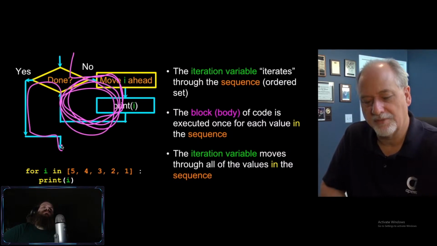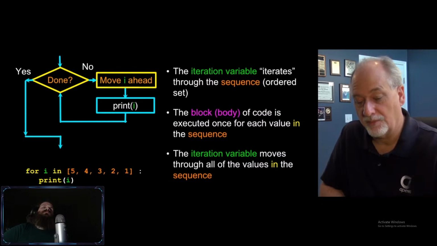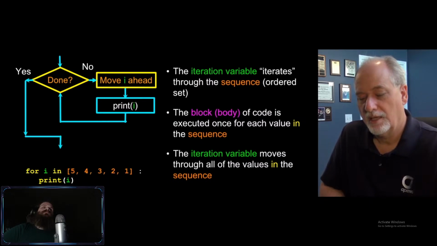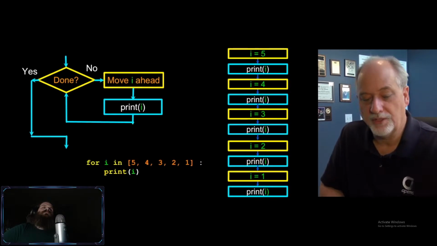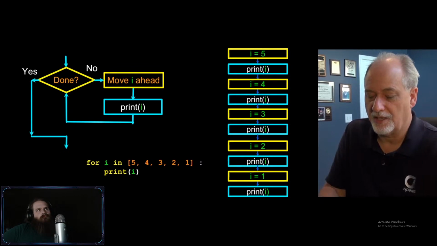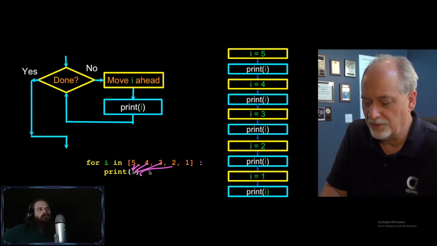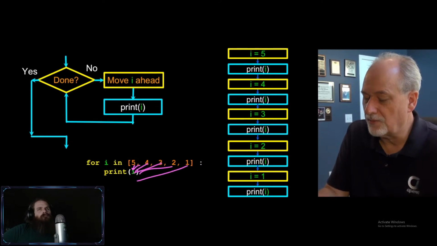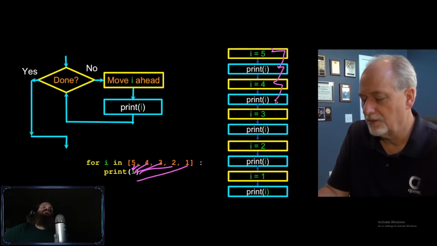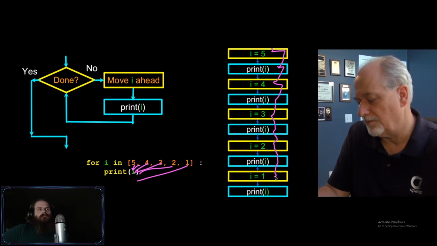But you could also think about it in a somewhat more abstract way, as a contract with Python that says we're supposed to run this code 5 times, and I is supposed to be 5, 4, 3, 2, and 1. So you could imagine this might be what's going on. The for loop sets I to 5, runs our code. The for loop sets I to 4, runs our code. The for loop sets I to 3, runs our code. The for loop sets I to 2, runs our code, for loop sets I to 1 and runs our code.